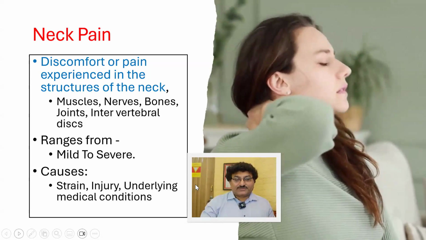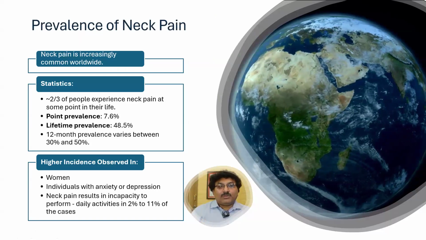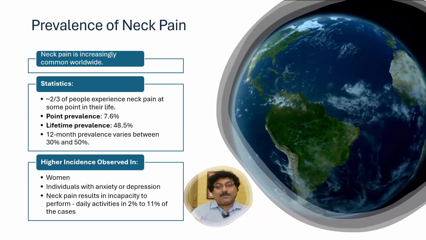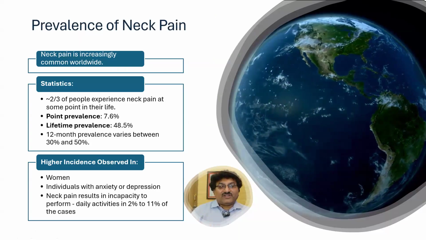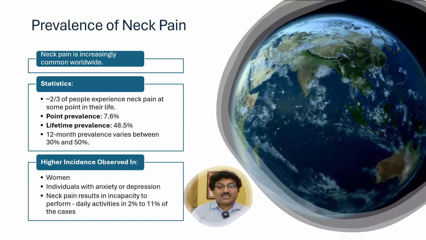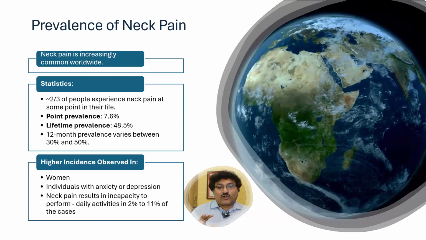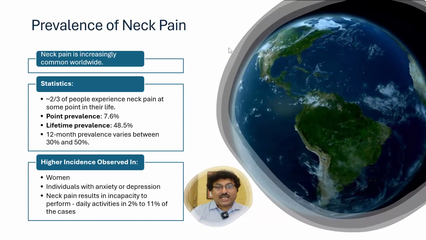Now, neck pain is globally a very common problem, and two-thirds of people experience neck pain at some point in their life. Point prevalence is around 7.6%, whereas lifetime prevalence is around 48.5%. 12-month prevalence varies between 30% and 50%.